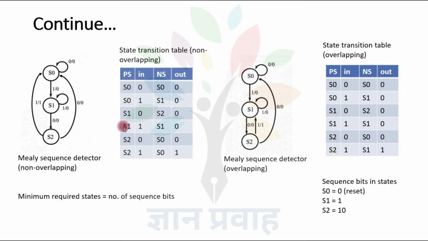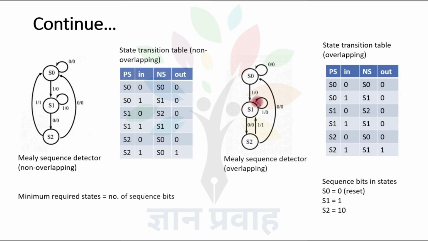At state S1, when input bit 1 is coming, then the sequence will be 1 1, and it is not in the order of our desired sequence. It means the next state remains the same, S1. At state S2, when the input bit is 0, then we will move to the reset state, because the order is completely disturbed here and we have to start from the initial state.